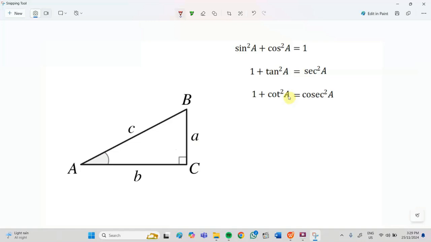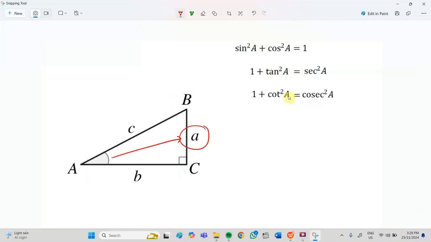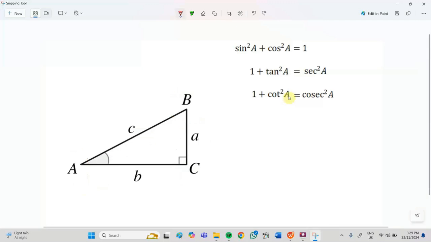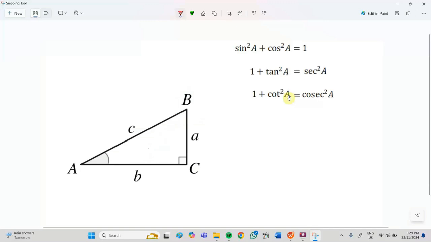First, we need to label the triangle's 3 vertices with the capital letters A, B, C. Then, for angle A, the opposite side here we label with the small letter a. For this angle, the opposite side is c, and for these vertices, the opposite side will be labeled as small letter b. Notice that this is a right angle triangle, hence c is the hypotenuse.